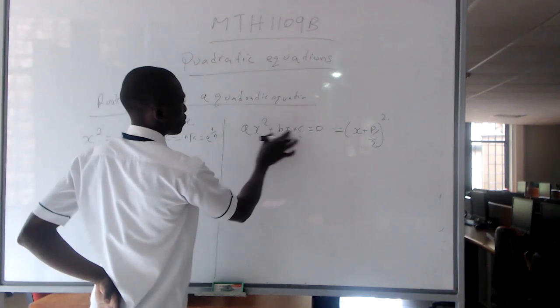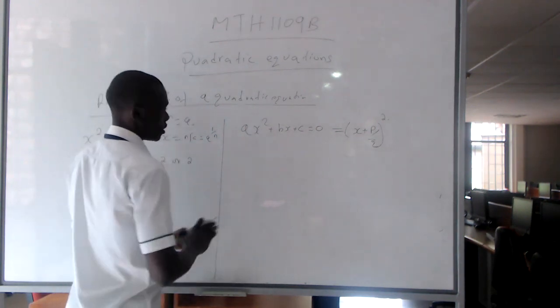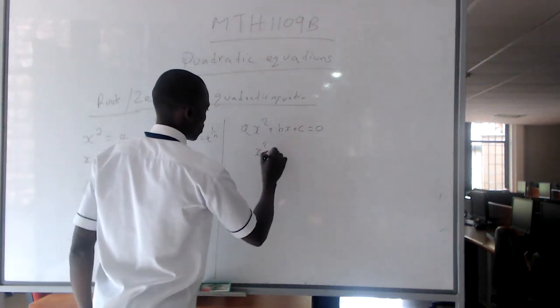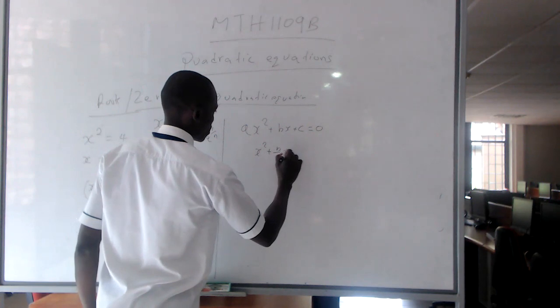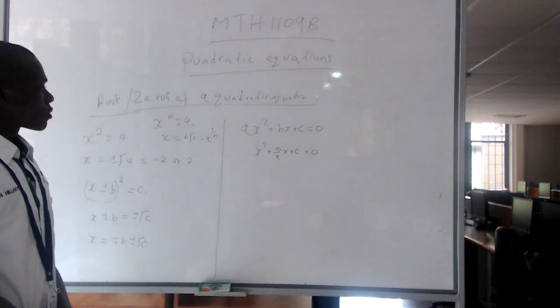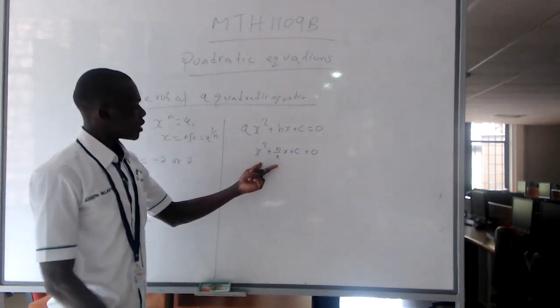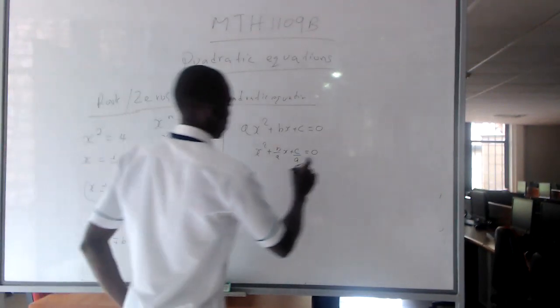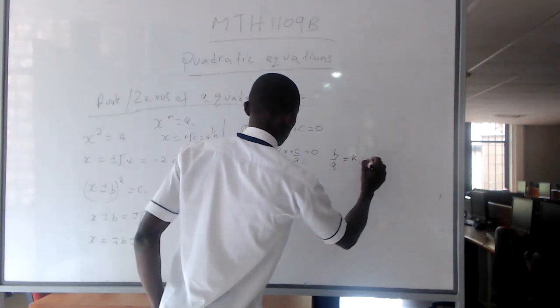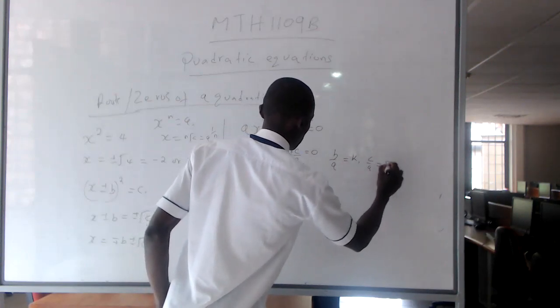Then I can divide both sides of this equation by a. So I will have x squared plus b over a x plus c over a equal to 0. Let b over a, I want to avoid fractions, let that be k, let c over a be something s.